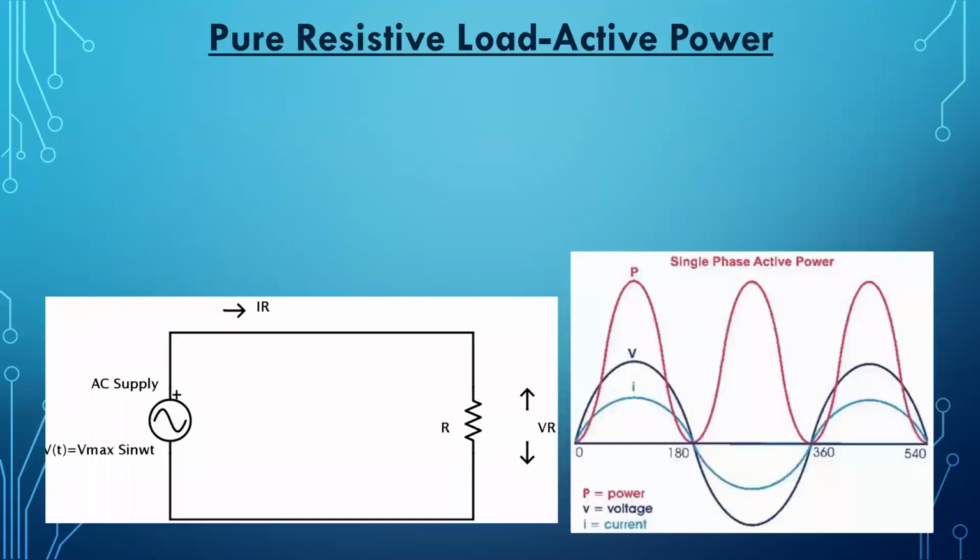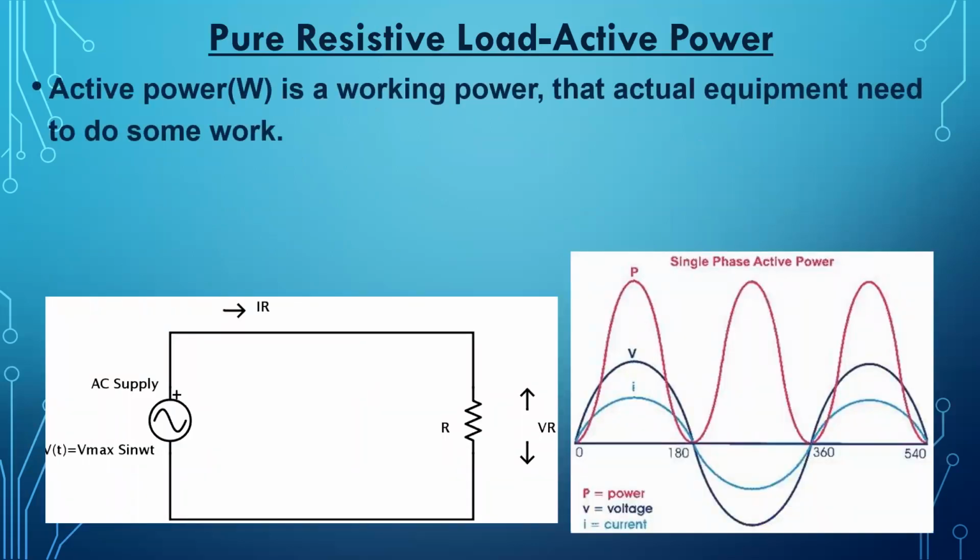Now, next one. If we connect a pure resistive load, that draws active power. So here we have a pure resistive load. Active power is the working power that the actual equipment needs to do some work.